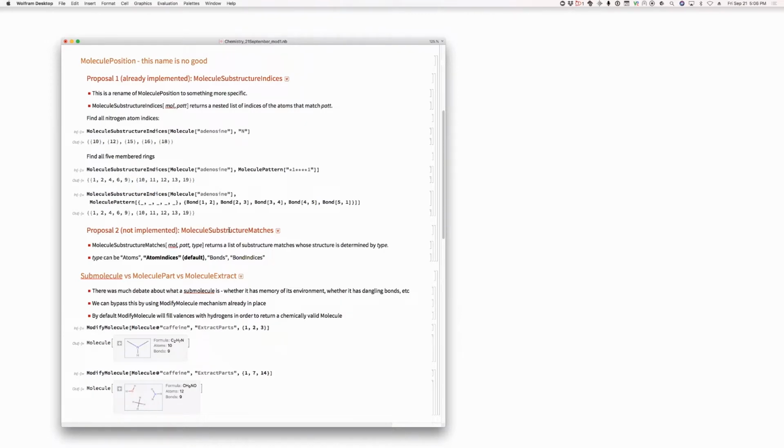You could also tell it you want it to return the list of bonds that match the pattern, or the list of atom objects that match the pattern. I see, but that would be a third argument that would specify that. Exactly. Well, I like that idea, actually. I mean, we can implement that and just not support a third argument yet, if we're not ready for that. It shouldn't be too difficult.